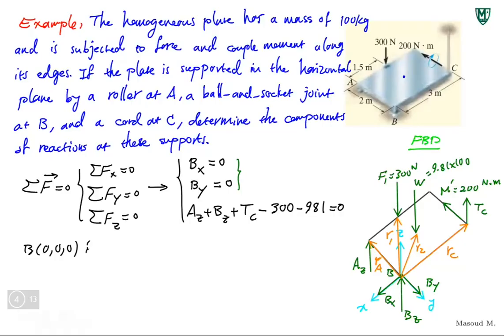What is point A? Can someone tell me what is the coordinate of point A given the coordinate system we have? 0, minus 2, 0, exactly. That's correct. Point A is 0, minus 2, 0.